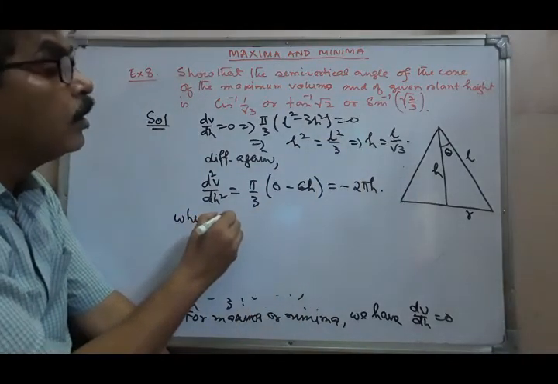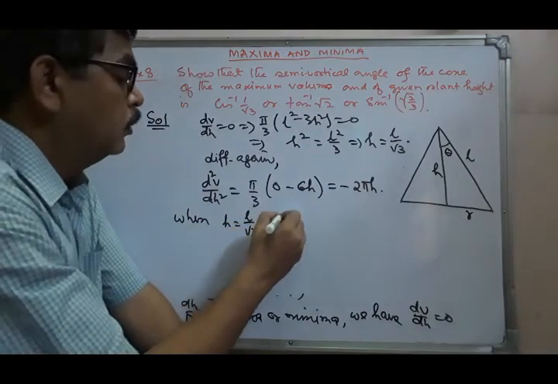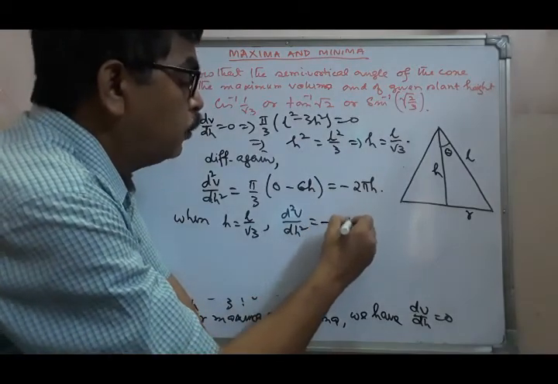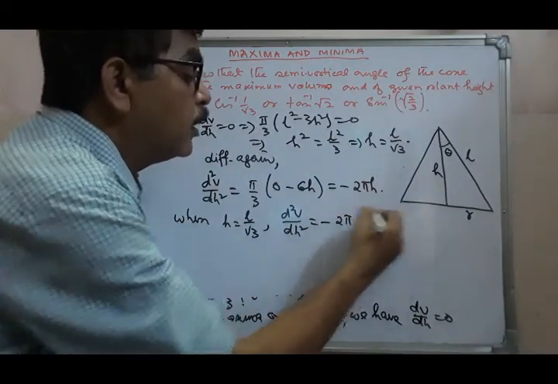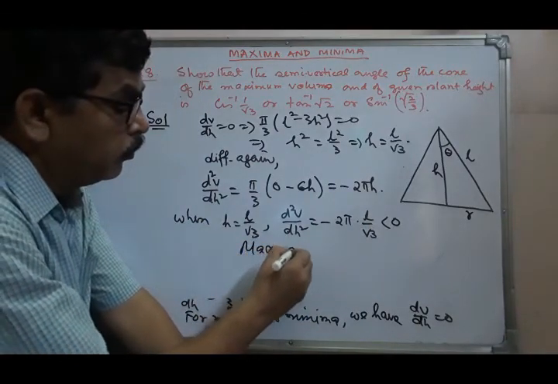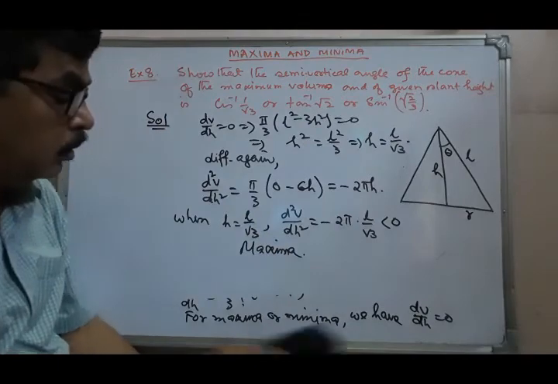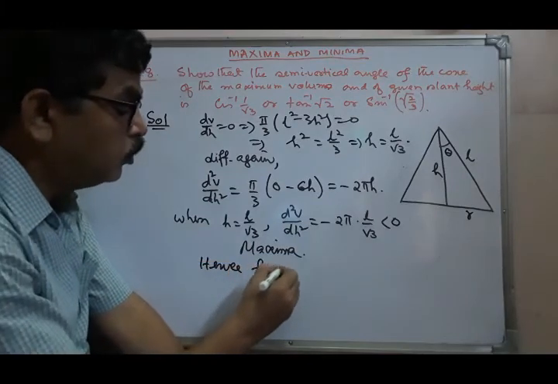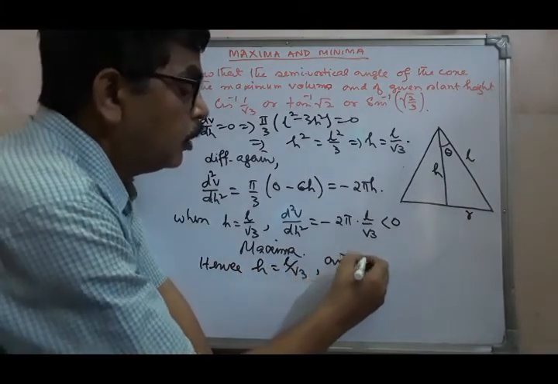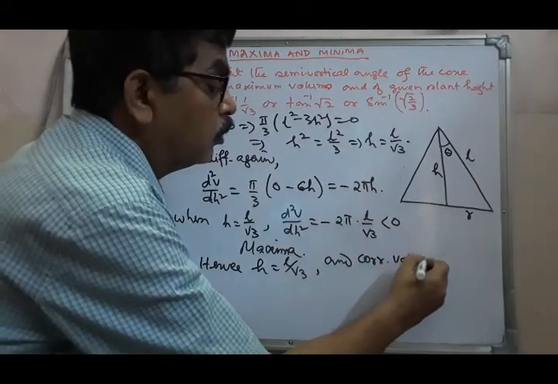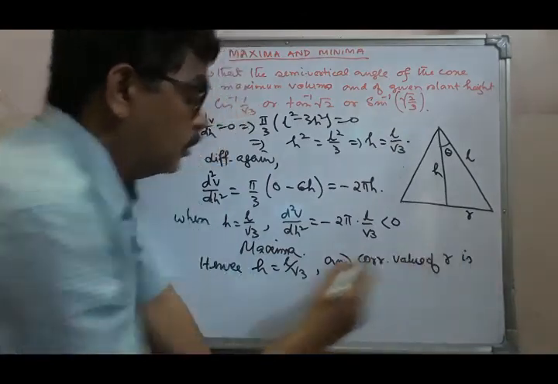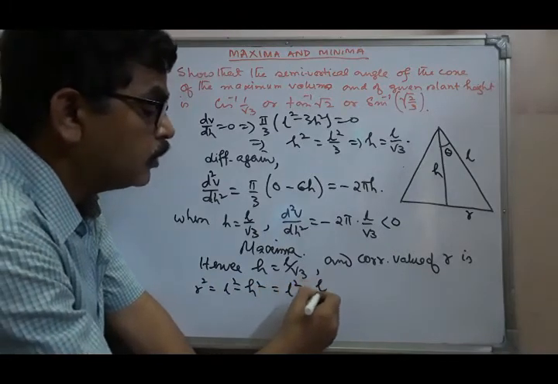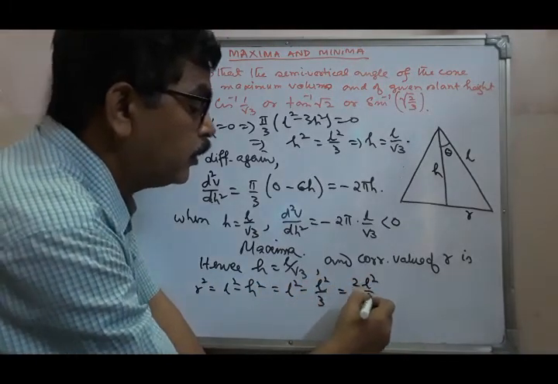When h equal to L by root 3, d square V by dh square equal to minus 2 pi into L by root 3, which is less than 0, and therefore maxima, and hence h equal to L by root 3, and the corresponding value of r is r square equal to L square minus L square by 3, that is 2L square by 3.